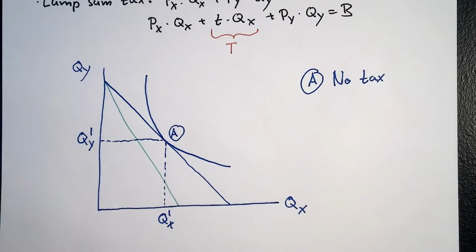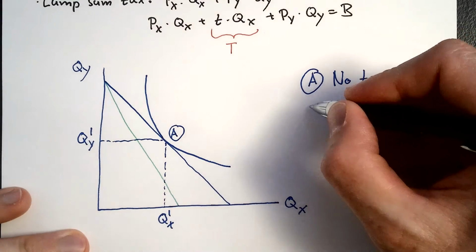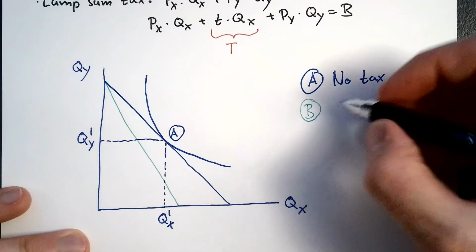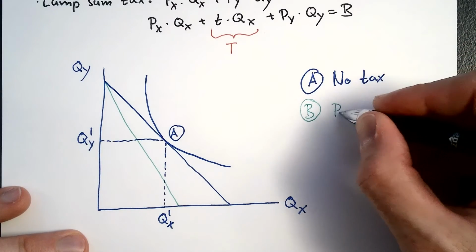So here we have our new budget constraint, the green one, which is going to be the per unit tax.